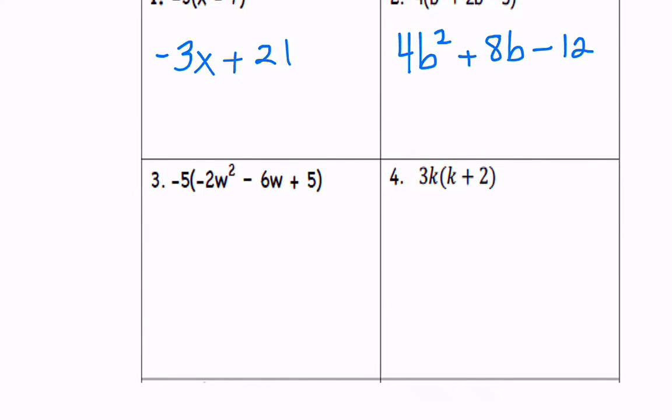Out front of my parentheses, I have my -5, so let's distribute that. -5 times -2w squared. A negative times a negative is a positive, so that gives me a positive 10w squared. Then I'm going to take that -5 and multiply it by -6w. -5 times -6 is a positive 30, and I'm not going to forget my w.